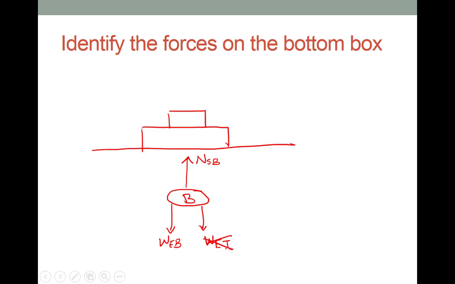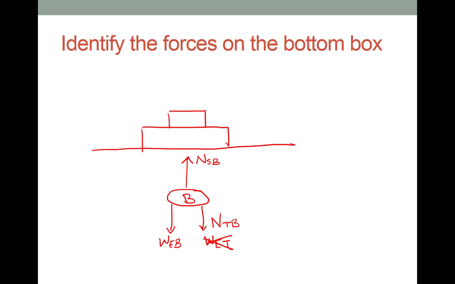What is actually happening here? What is actually happening here is the top block is sitting on top of the bottom block. And therefore, the interaction force between them is a normal force caused by the top block on the bottom block.